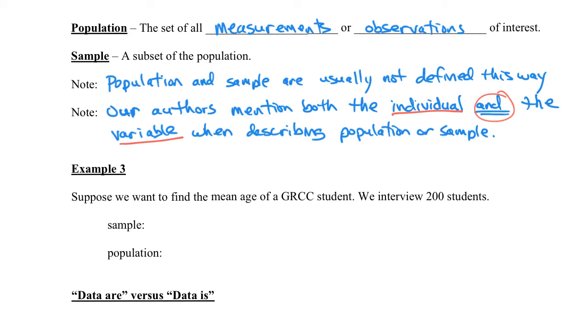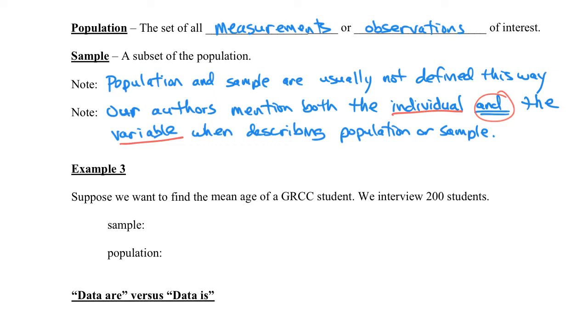So here's an example that will hopefully make it clear. So suppose we want to find the mean age of a GRCC student, and what we do is we interview 200 students. And we'll talk about how to choose these 200 students later, but basically we randomly select 200 students. So here is the sample.